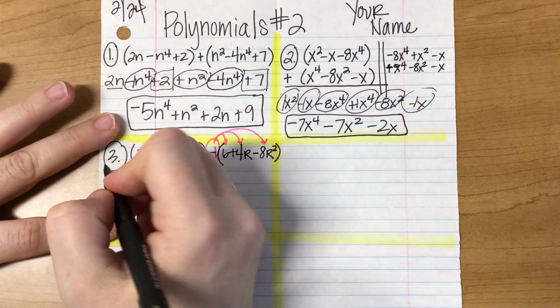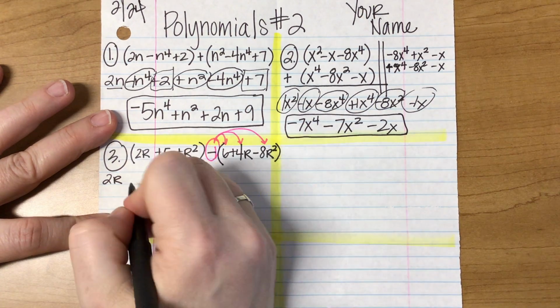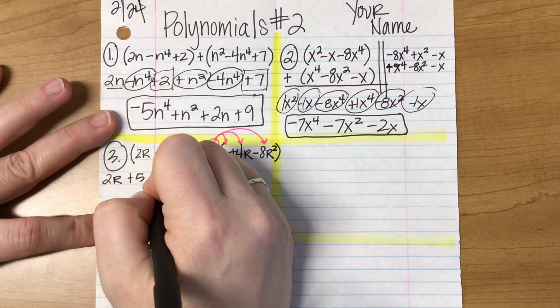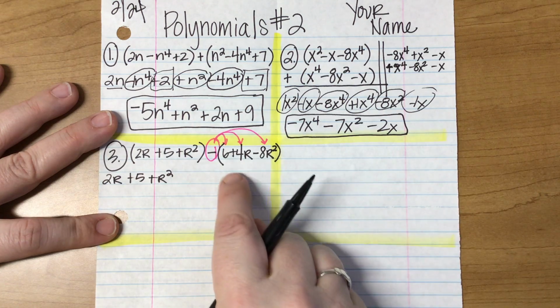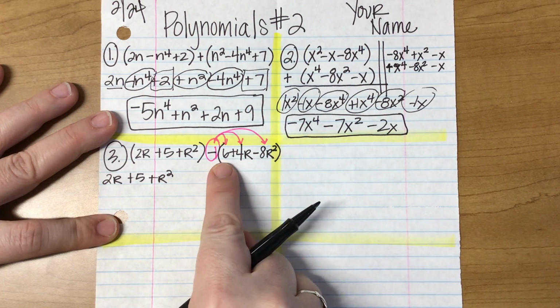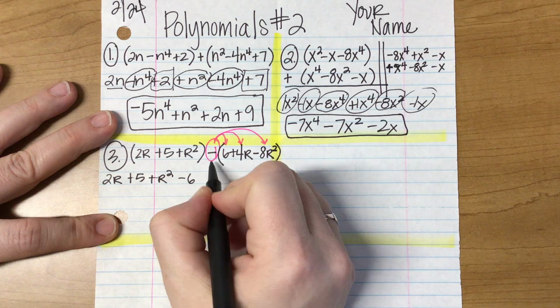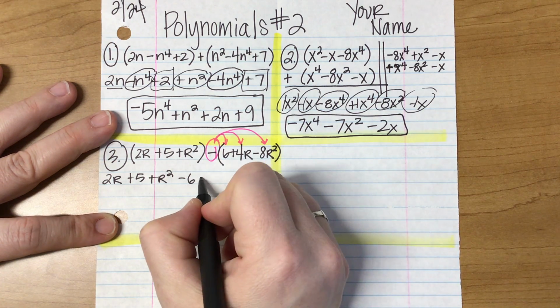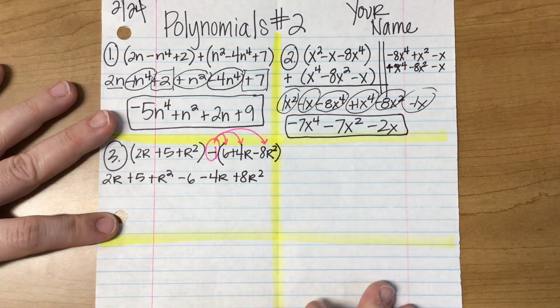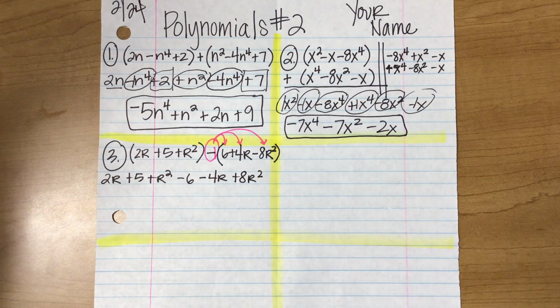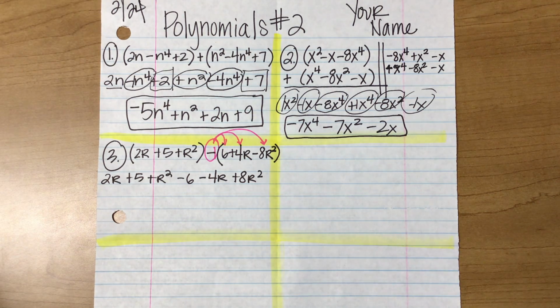So let's rewrite it. 2r plus 5 plus r squared. And then I distribute that negative 1, it turns into minus 6, or negative 6, minus 4r plus 8r squared. I'm not multiplying by a value that increases the coefficient. I'm just multiplying by that negative. I'm changing the coefficient's value from positive to negative.